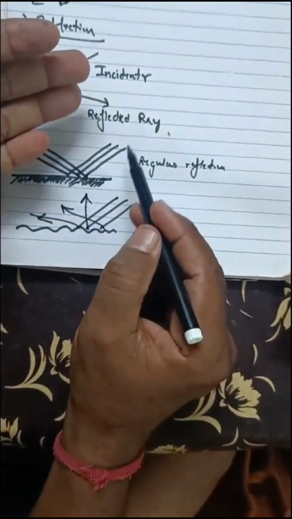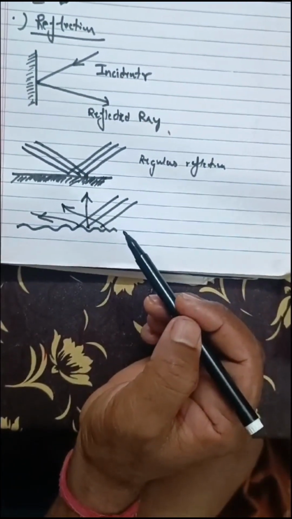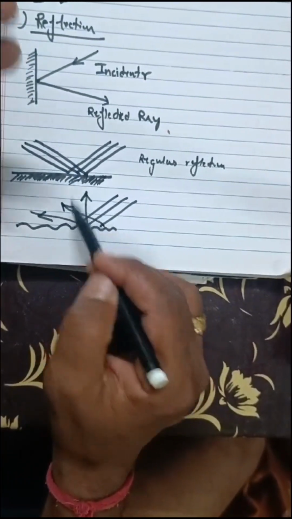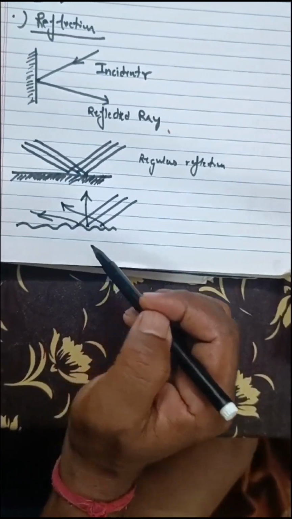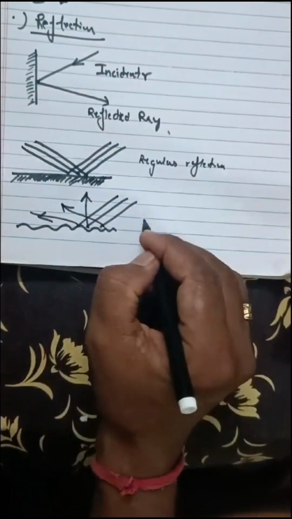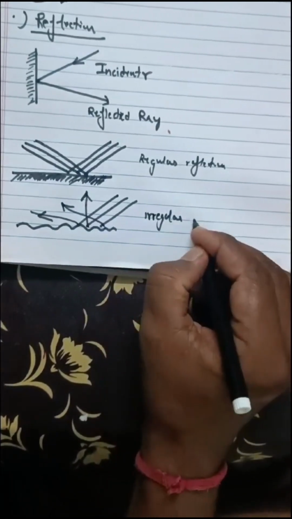As we see in regular reflection, the parallel rays fall and go out parallel to each other without intersecting. Here the reflected rays may intersect each other in various different manners, not in a regular fashion. So rough surfaces will not give you any images. This is called irregular reflection.